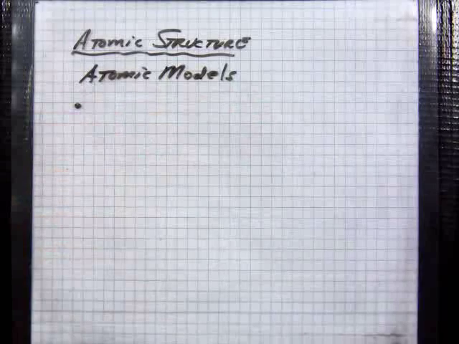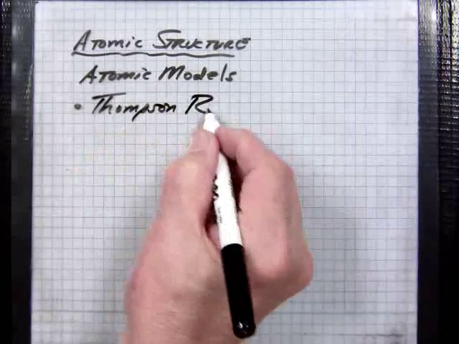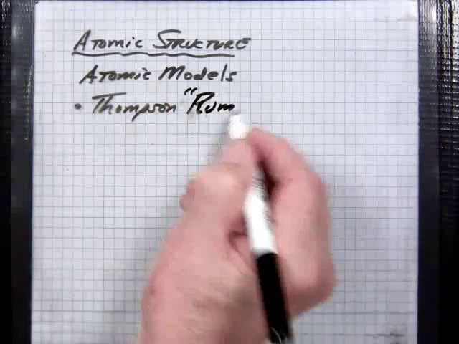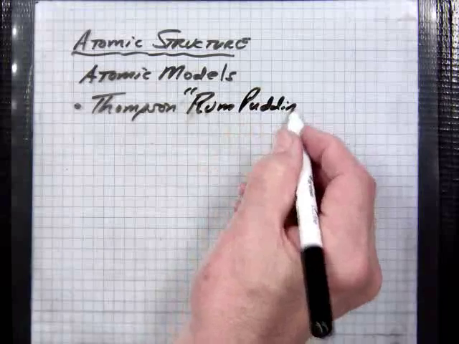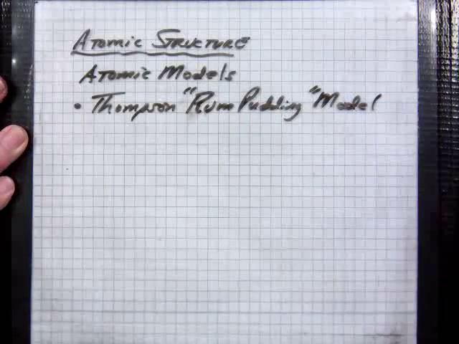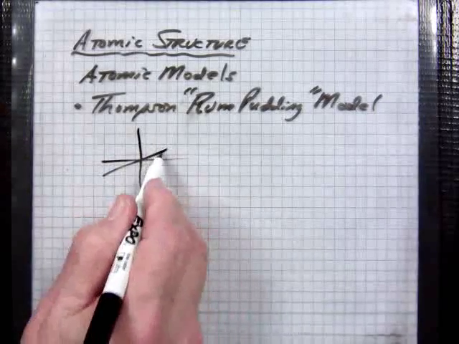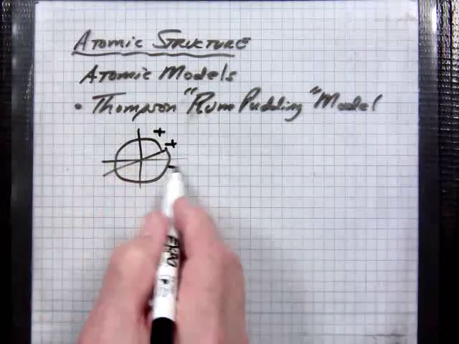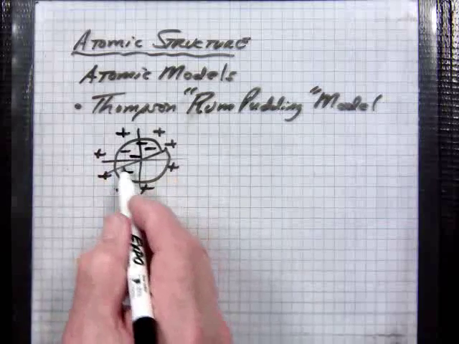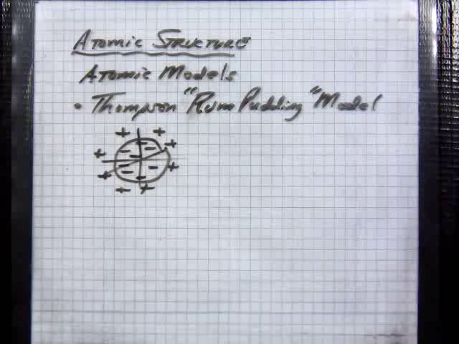We call it the Thomson plum pudding model, and Thomson visualized the atom as a spherical positive field and suspended in that field were electrons, like plums in a gelatin type pudding.